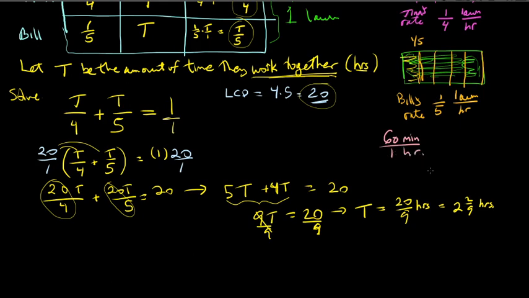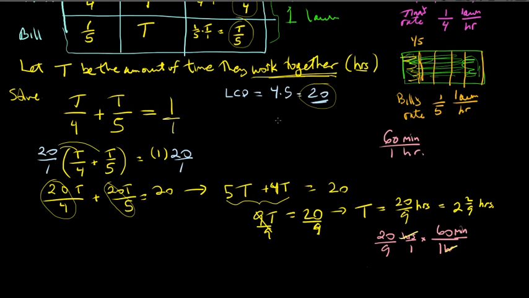So I can take the 20 divided by 9 hours and multiply by 60 minutes per hour, and by doing that I cancel hours, so I just have minutes.